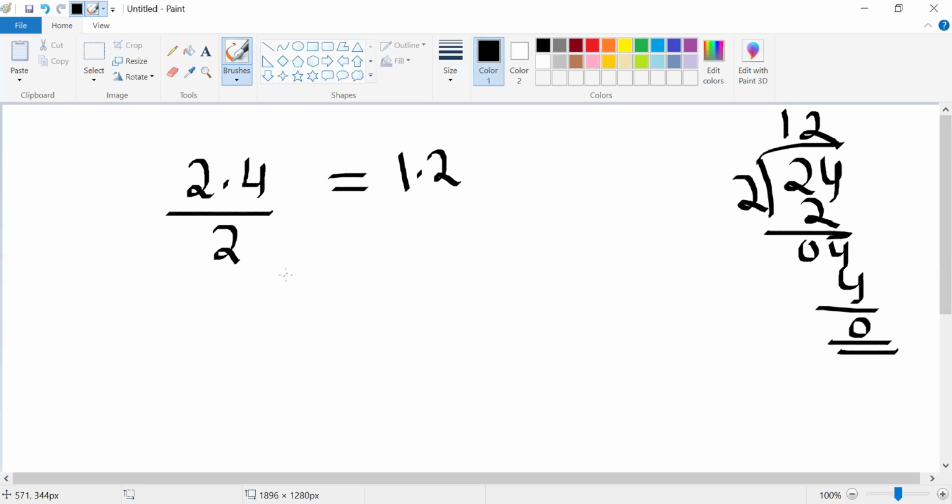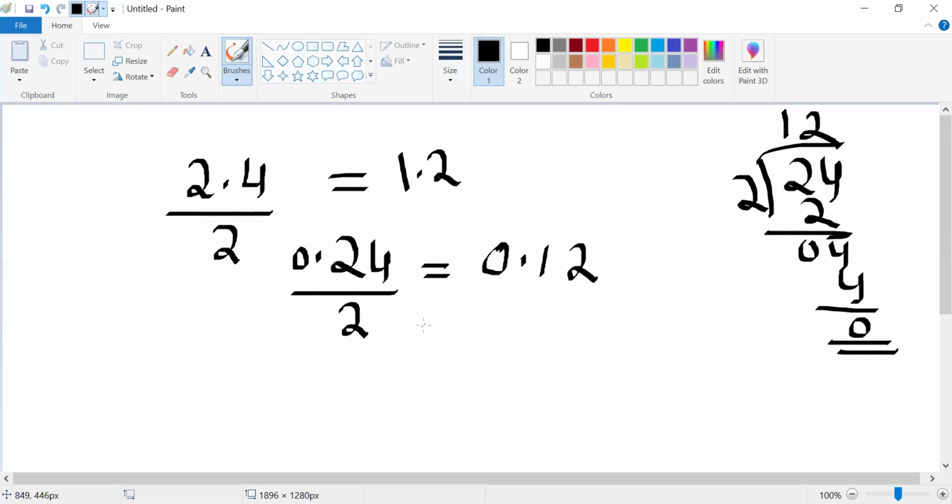But suppose this question, 0.24 divided by 2. It will become 0.12. Now, when the numerator is a whole number and the denominator is a decimal, 24 divided by 0.2, then what to do?